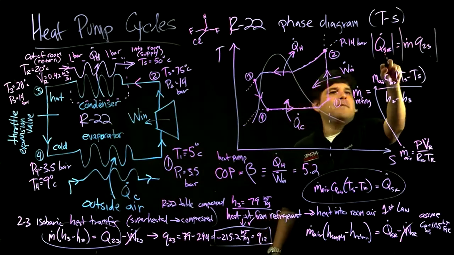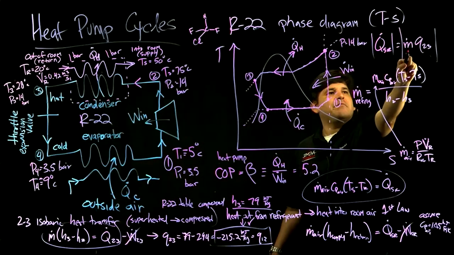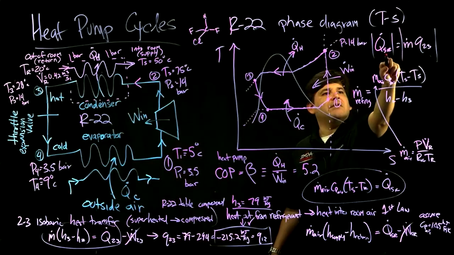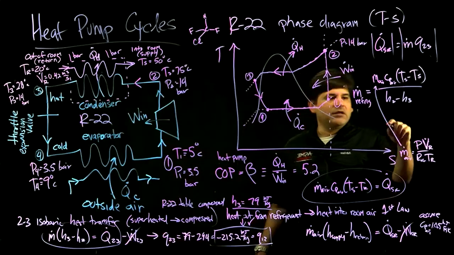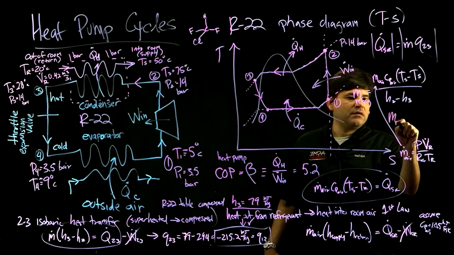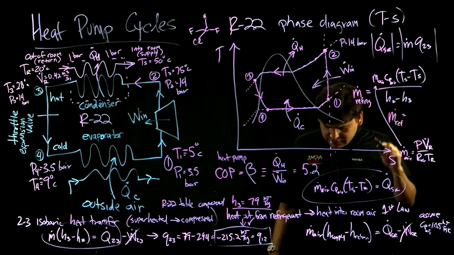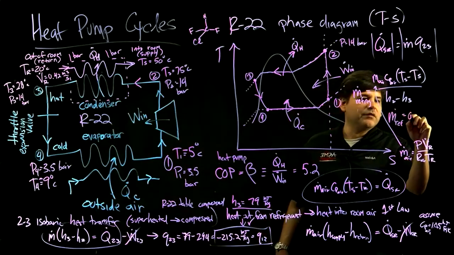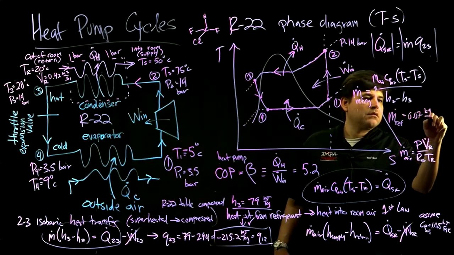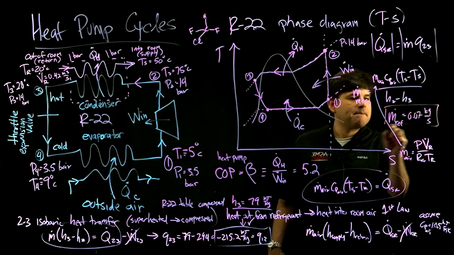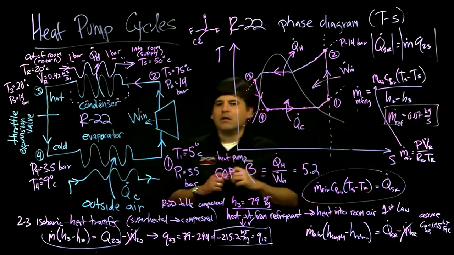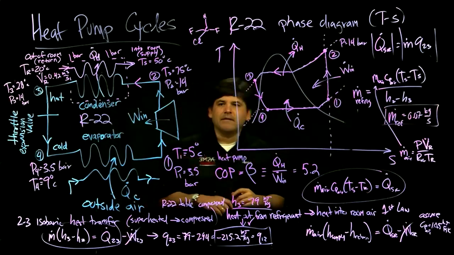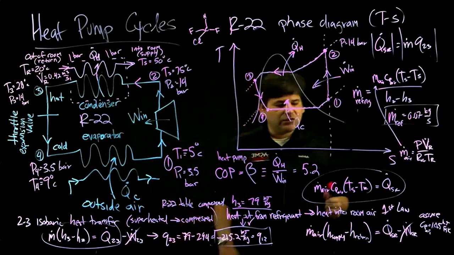So by knowing this already, we can find the mass we need to get this amount. That's what we're doing. And by doing that, you should find the mass flow rate of refrigerant, it's 0.07. So that's what we did.